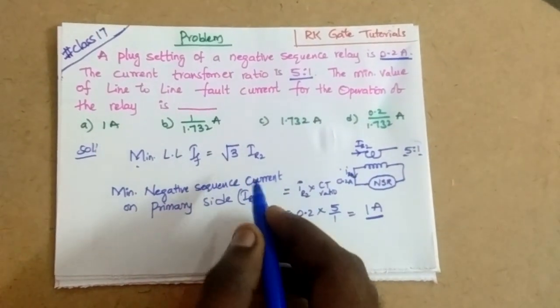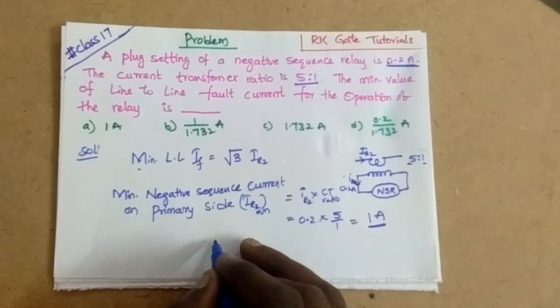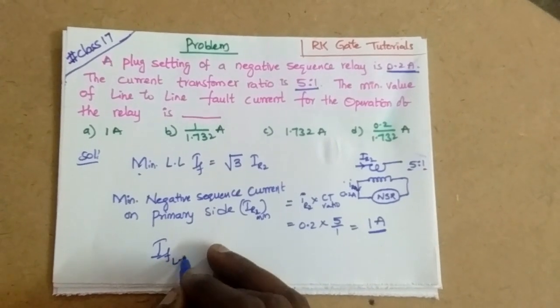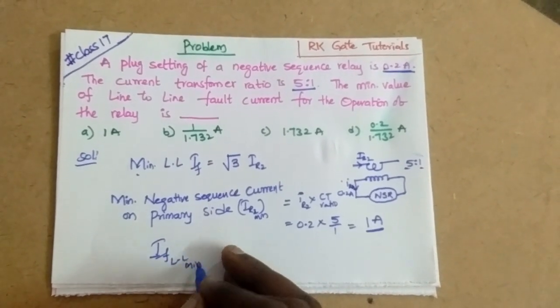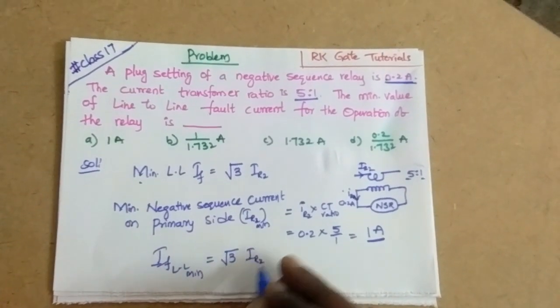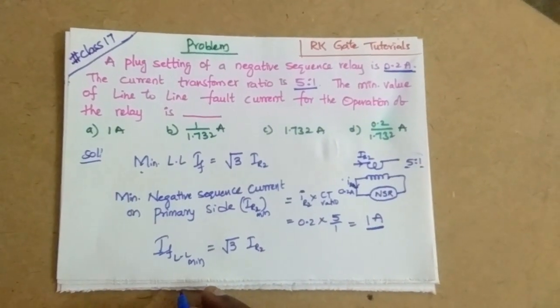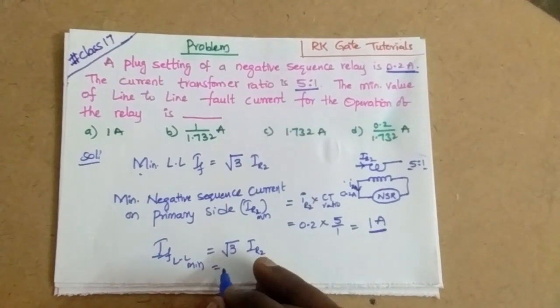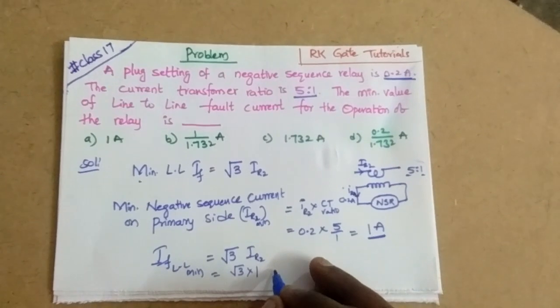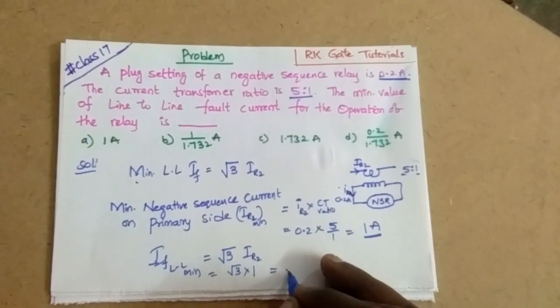So if you go for the fault current line to line, minimum will be √3 times the phase current. So now here √3 multiplied by 1 equals √3.